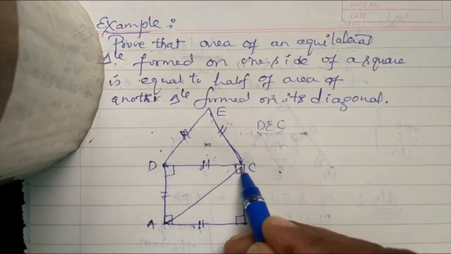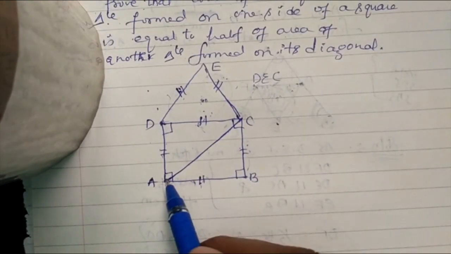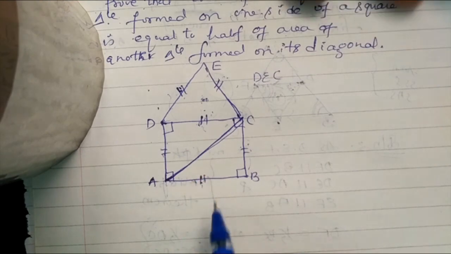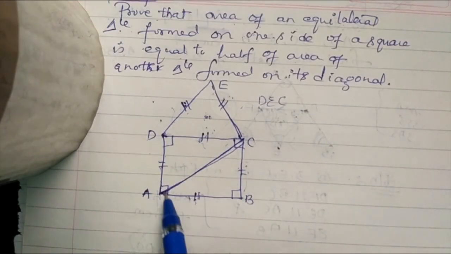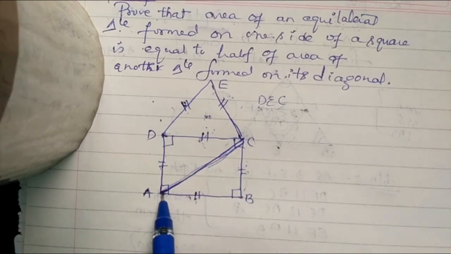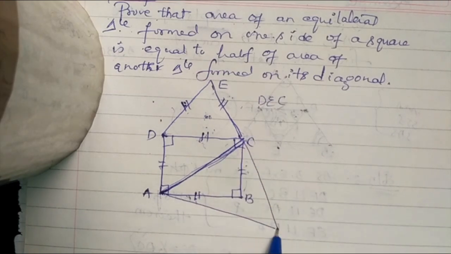So we'll form one more equilateral triangle on the diagonal. This is the diagonal, AC. On diagonal AC we have to form one equilateral triangle. So don't take this as equilateral. The diagonal is longer than the other sides, right? So we need to form an equilateral triangle on the diagonal like this.